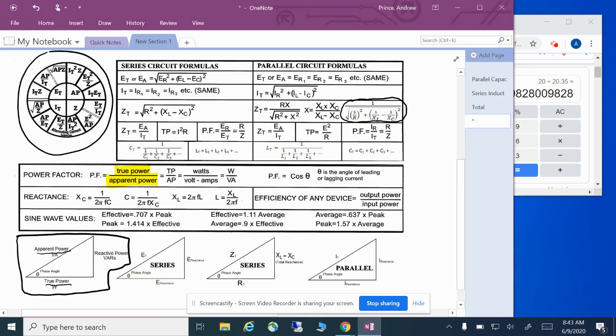What type of trig function will I be using if I wanted to use those two sides to find this angle? I have my adjacent and my hypotenuse. If I had those two sides, which I just divided and found out was 0.98, I would be using cosine. So if I put inverse cosine and solve that with the true power divided by apparent power of these sides of the triangle, that's going to give me my angle there, which is going to be my phase angle.